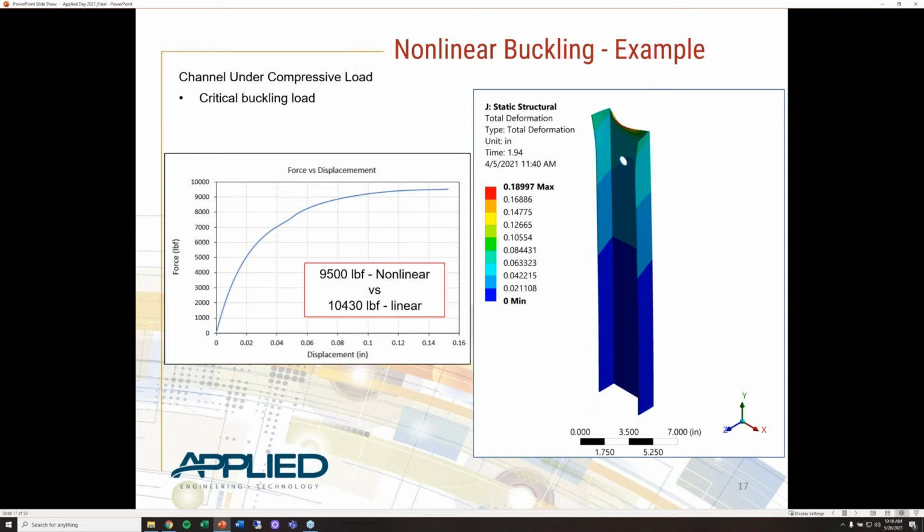And so if we compare that to the linear buckling, we're over predicting the critical load multiplier by about 9% with the linear buckling. We can see our buckling shape here with the nonlinear buckling is exactly what we predicted with the linear buckling, but our load is somewhat lower, and so we do over predict with the linear buckling again.